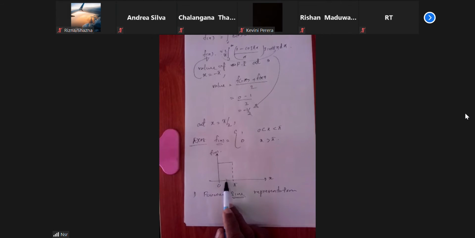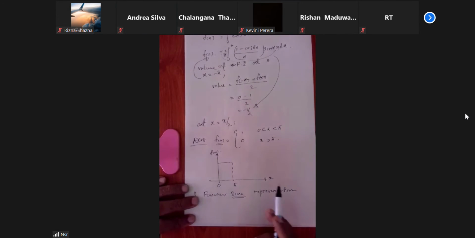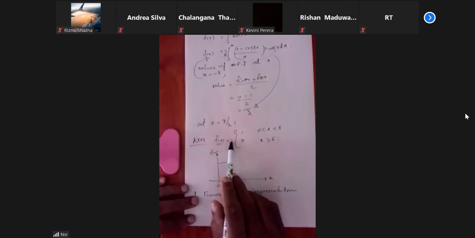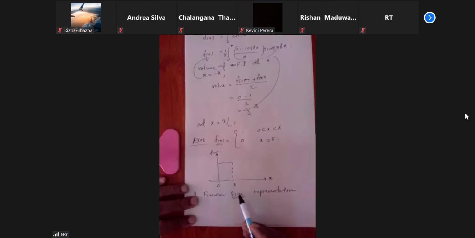Then my question is: is this function odd? It is not given. Yes, it is not an odd function.